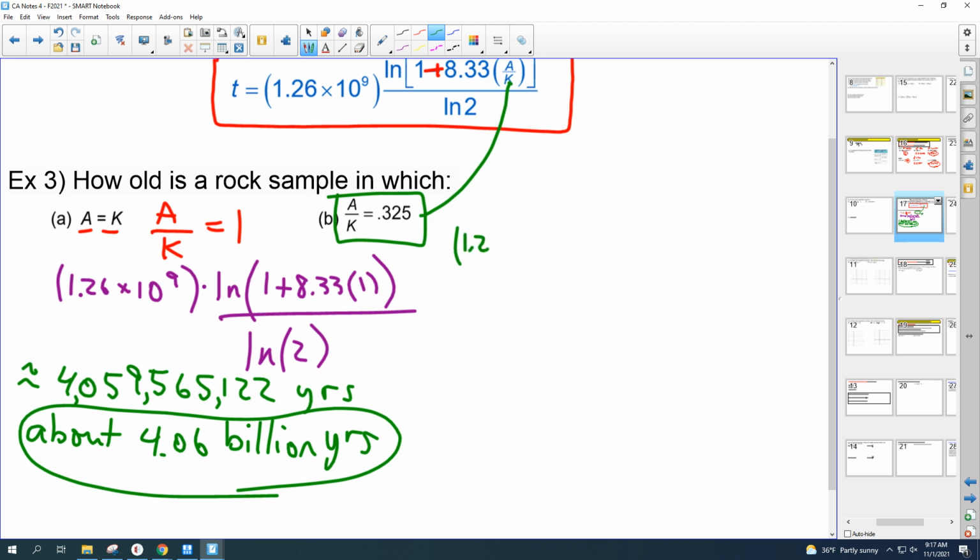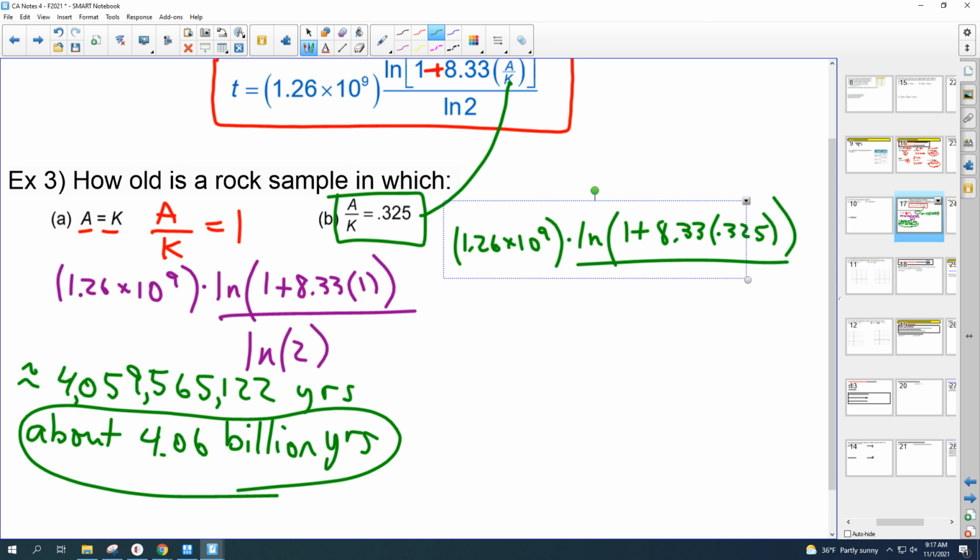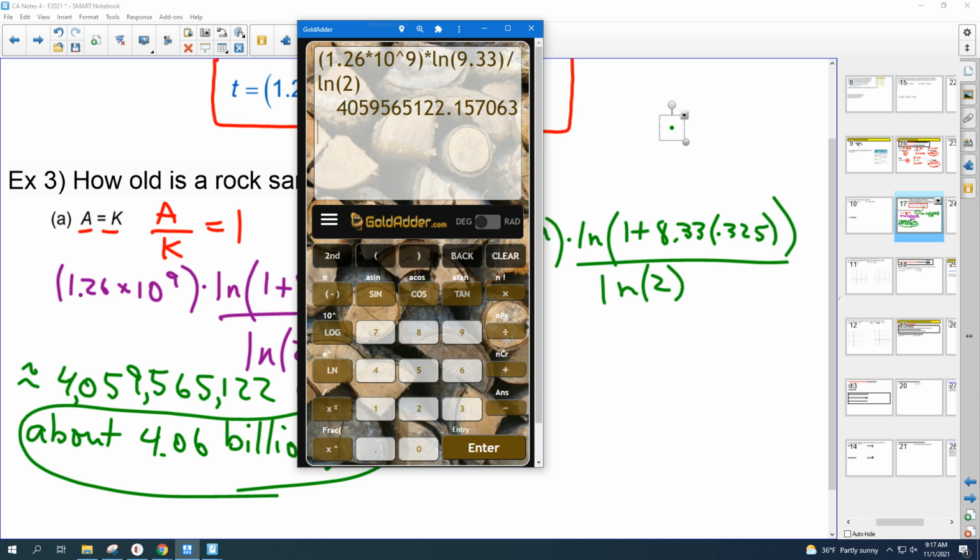We've got 1.26 times 10 to the 9th times natural log of 1 plus 8.33 times 0.325 over natural log of 2. So again, that's just a calculator question.